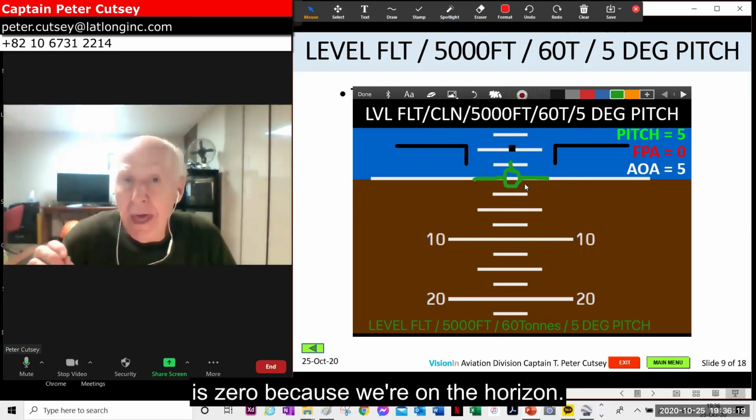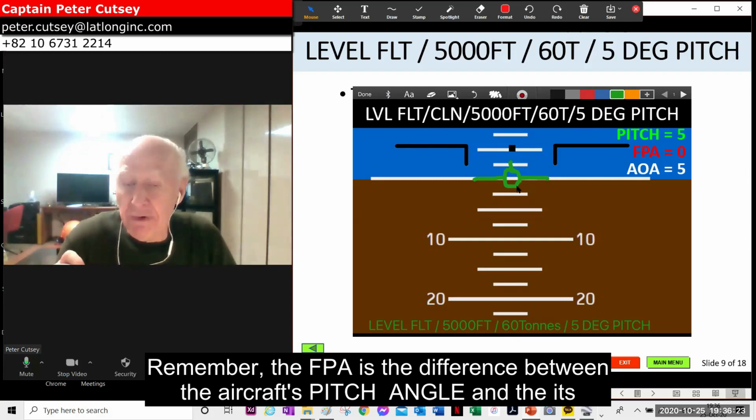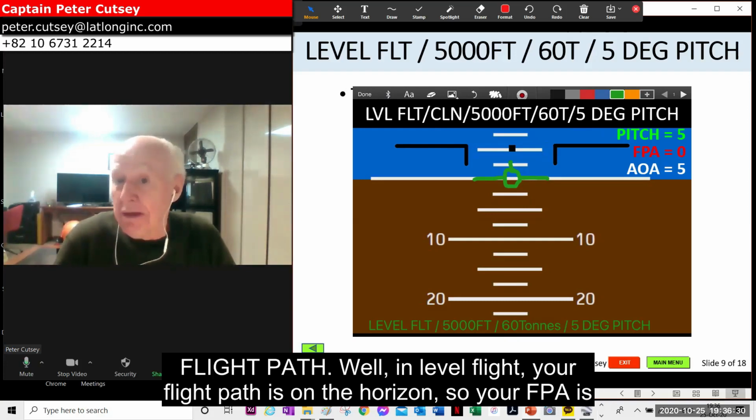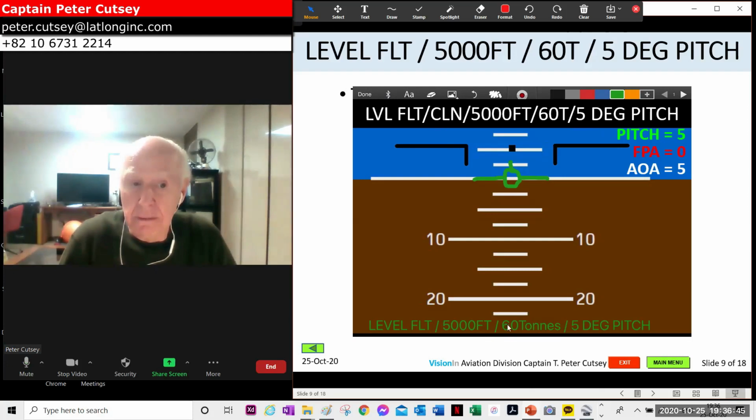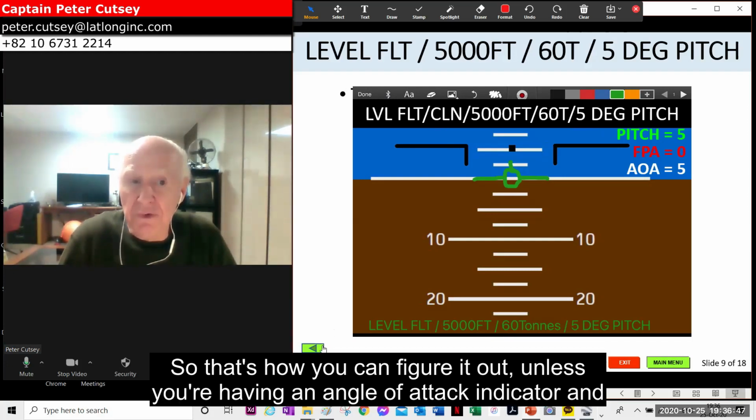The flight path angle is 0 because we're on the horizon. Remember, the flight path angle is the difference between the aircraft's pitch angle and its flight path. Well, in level flight, your flight path is on the horizon, so your flight path angle is 0. Therefore, the angle of attack is 5. So that's how you can figure it out unless you have an angle of attack indicator.